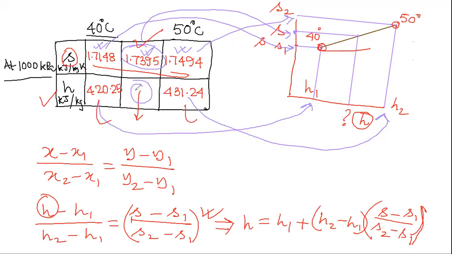You have to determine this value. Now this value can be determined to be 428.09. So I hope this interpolation process is clear to you. Now let us go back to the main discussion part.